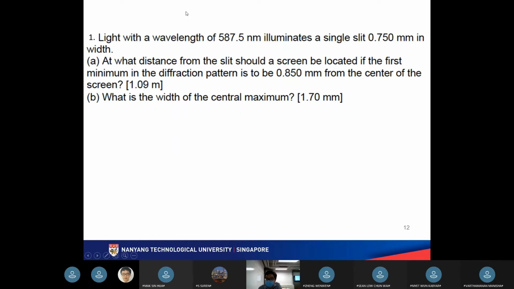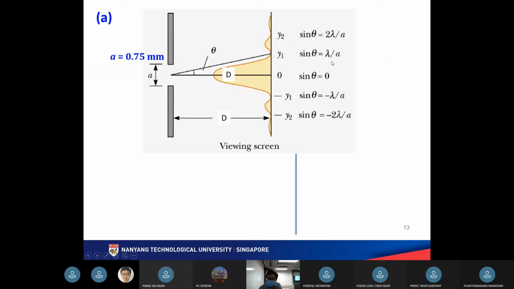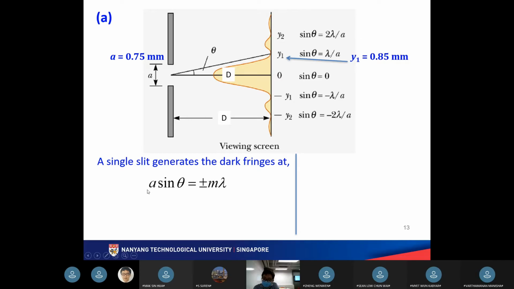As the question said, at what distance should the screen be located? We need to find this distance d. If you directly apply the formula for the first dark fringe, which means m equals 1, a is given, m is given, and λ is also given.